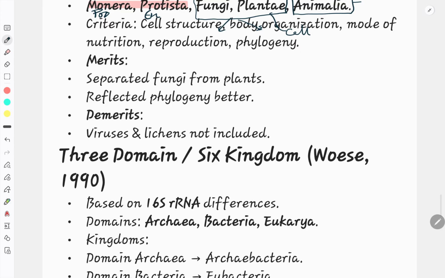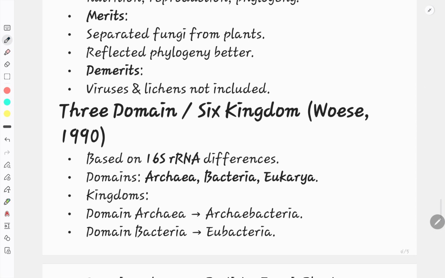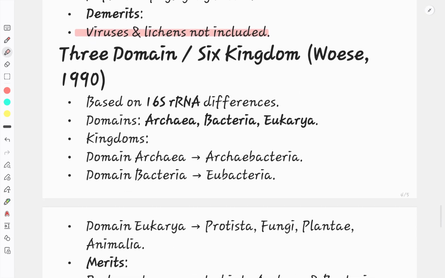Separating fungi from plants reflected a better phylogenetic pattern. Demerits: it also excluded, like the others, viruses and lichens.